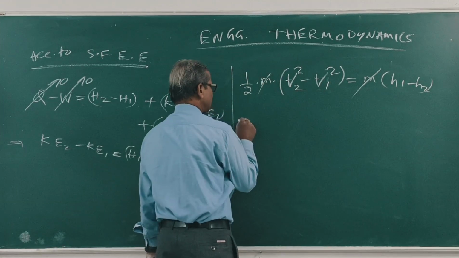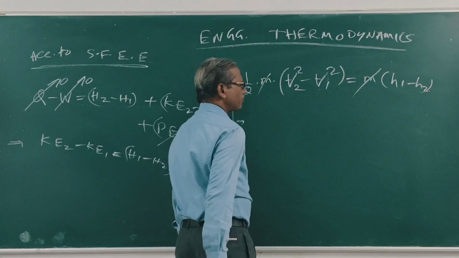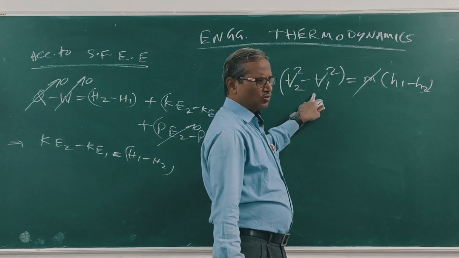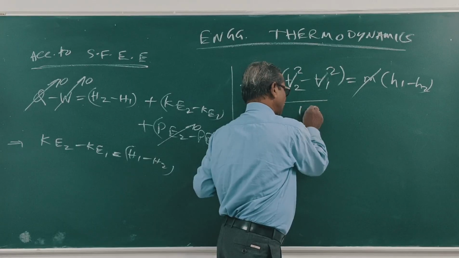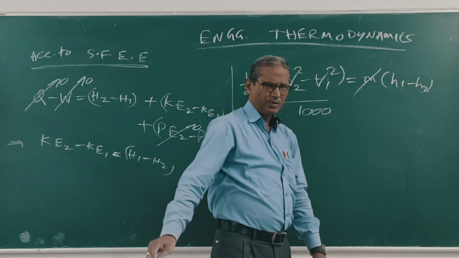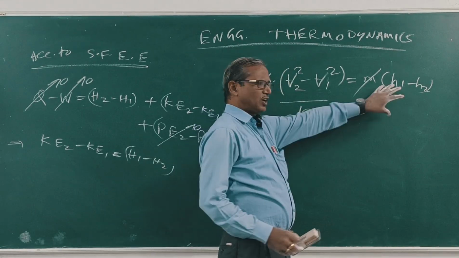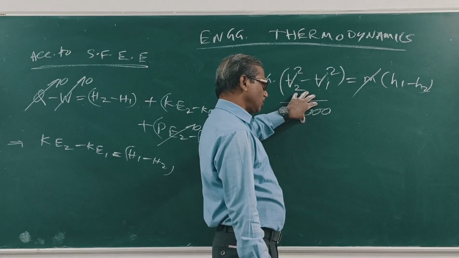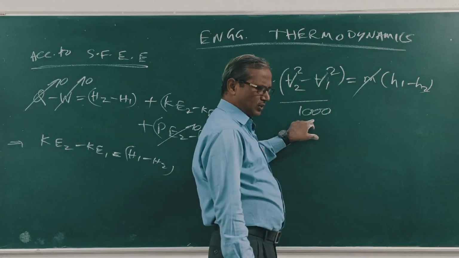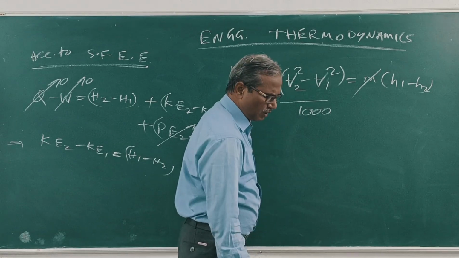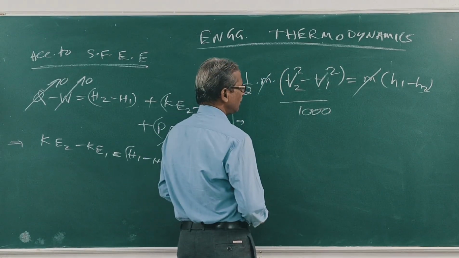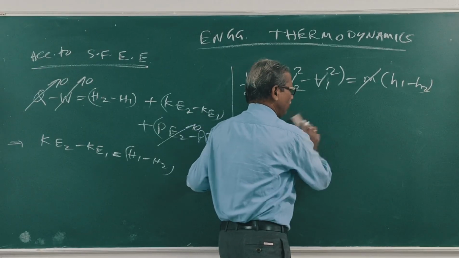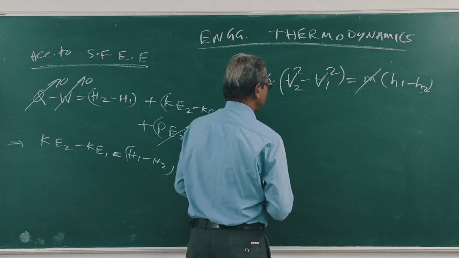This implies, this is in joule, so we'll convert this to kilojoule. So divide this by 1000. Clear? This enthalpy is always in kilojoule, so to make this kilojoule, divide by 1000. Right? Or, okay, you may do it in the problem. When you solve a problem, you will make the units the same. Clear?